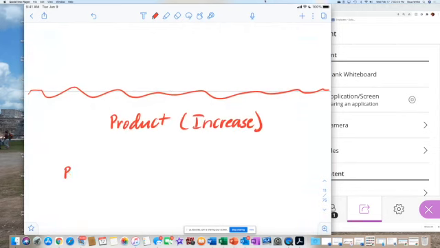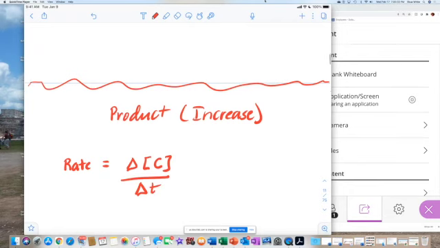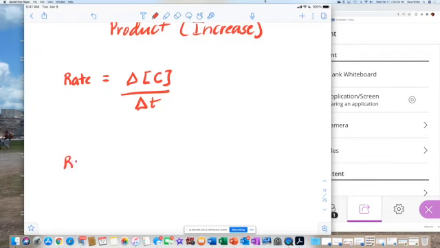We're going to say here, rate equal change in concentration of the product. The first one was what? C. C over change in what? T. Second product, rate equal change in concentration of D over change in T.